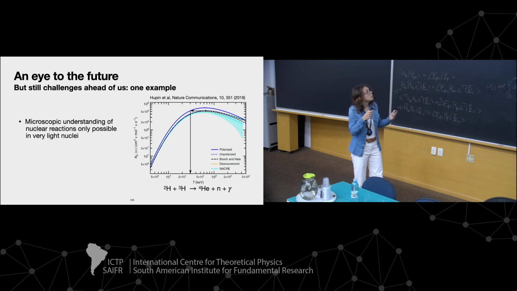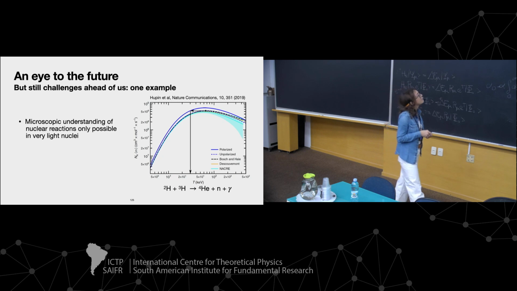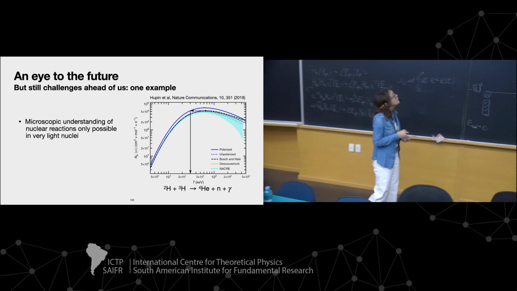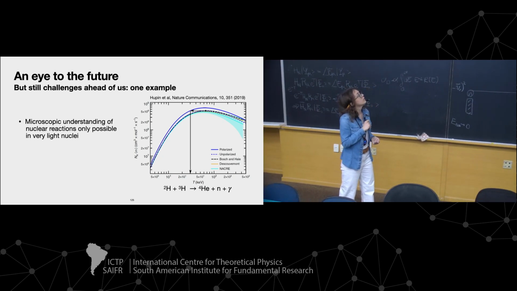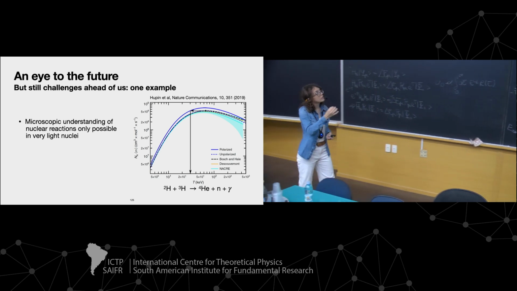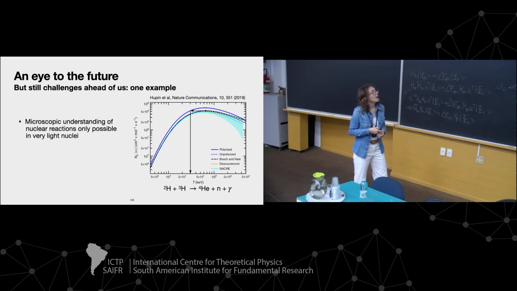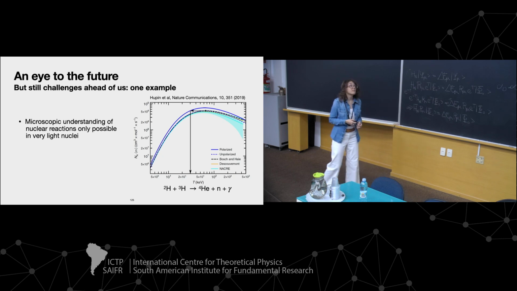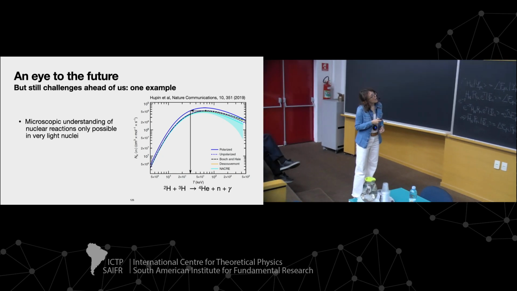This could be something interesting for future applications, and it also shows the power of the ab-initio approach in looking at processes which can be relevant for societal applications. At the moment this is only possible for light nuclei.